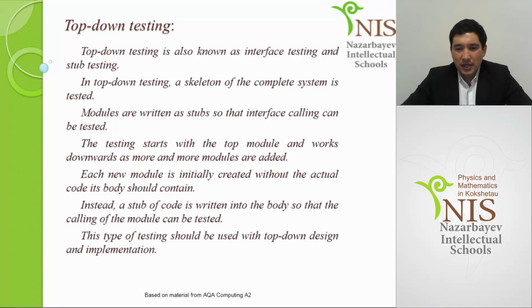Each new module is initially created without the actual code its body should contain. Instead, a stub of code is written into the body so that the calling of the module can be tested. This type of testing should be used with top-down design and implementation.